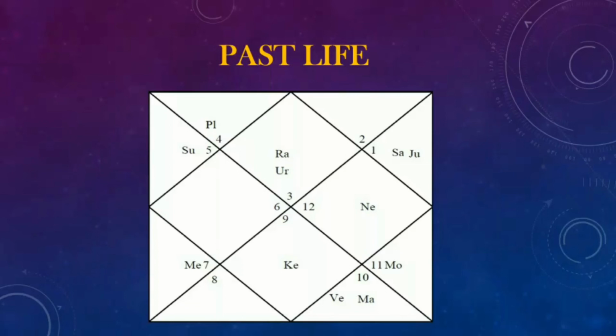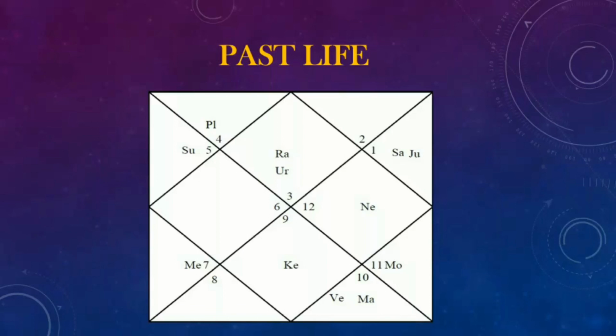Look at the placement of planet Rahu in the sign of Gemini in the 1st house. It signifies the materialistic desires of this person, and these desires are from the past life. Even the Nadi reading mentions that this native was quite egoistic due to the materialistic possessions.